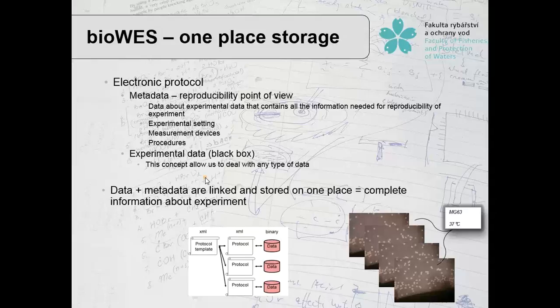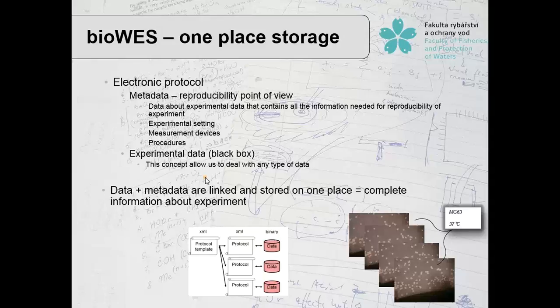It means that the system doesn't see inside the structure of the data. The disadvantage of this approach is that there is no simple way to do queries over the experimental data itself. But the advantage is that you can store any data type in the repository.